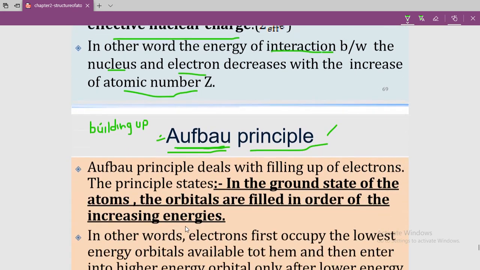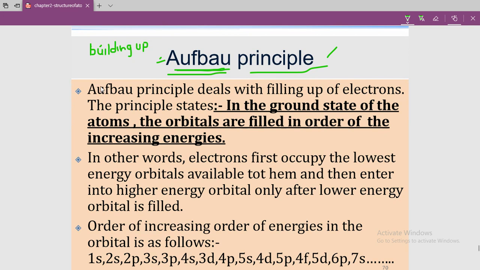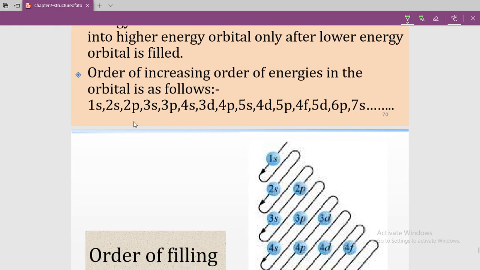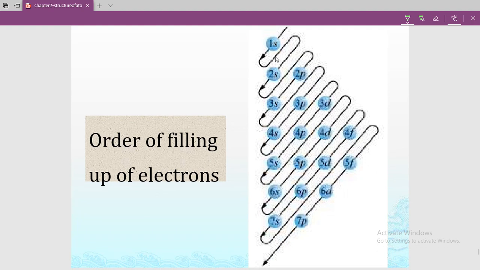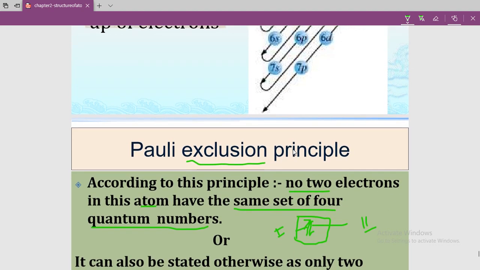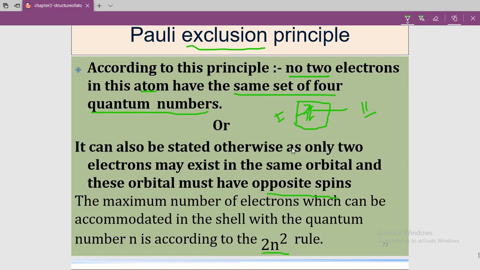Okay, now we concluded the Aufbau principle, which is known as building up, and which tells that the electron first enters into the ground state, then into the higher state, and the energy order is the order of filling of the electron. First electron enters into 1s, then into 2s, then 2p. This way successive entrance of electron takes place. Next one is the Pauli exclusion principle, in which we learn two electrons can be accommodated in one orbital, but they do not have all four quantum number values the same.